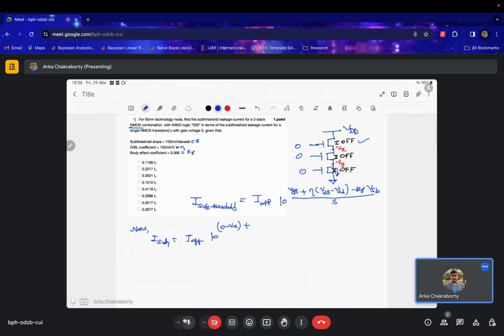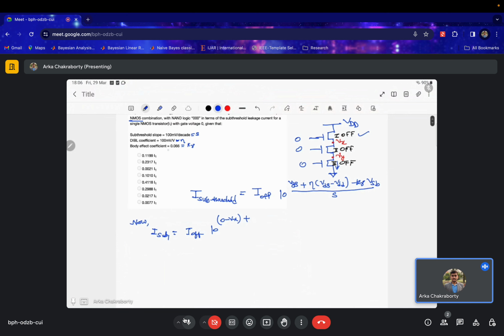Eta is given as 100 millivolt per volt, so eta is basically 0.1 volt per volt. Eta into Vds: drain here is Vdd, source is Vx, so Vds is Vdd minus Vx, minus Vdd is again Vdd, so the Vdd terms cancel each other, minus K gamma, which is 0.066, into Vsb.